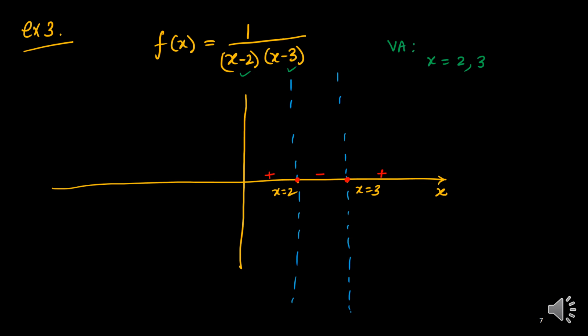So from here it will start and it will go towards 0. Okay, this is one part. Similarly, when x is less than 2, it is positive. So here also I can expect it will start from here and it will follow this line, go towards 0.